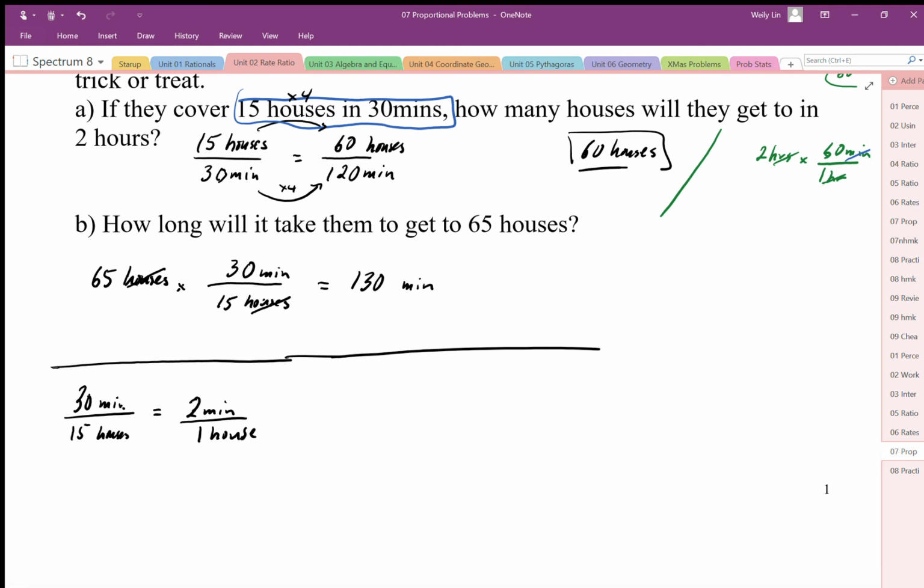It's all about keeping track of the units. So we're now starting to develop more strategies, and we can choose whatever strategy we want. However, the most efficient is the one we want to make sure we eventually learn, this multiplication strategy. But this proportional equation strategy is one that you need to be able to show me.